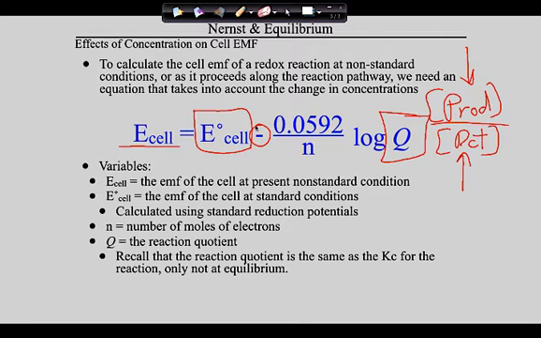So the idea is, and think through this with me, the voltage of the cell is equal to the voltage of the cell when it starts, cathode minus anode, minus what happens to the cell as the concentrations change, making the battery less effective.